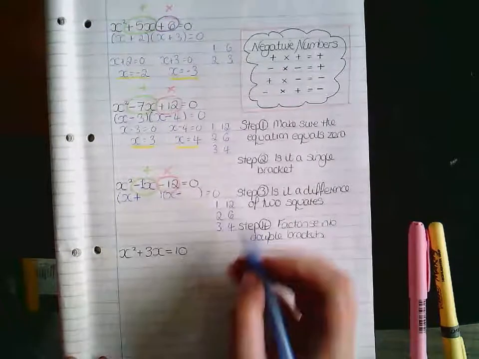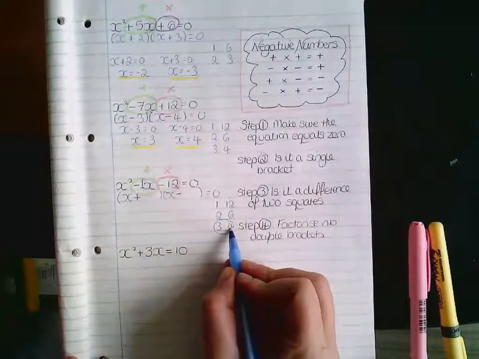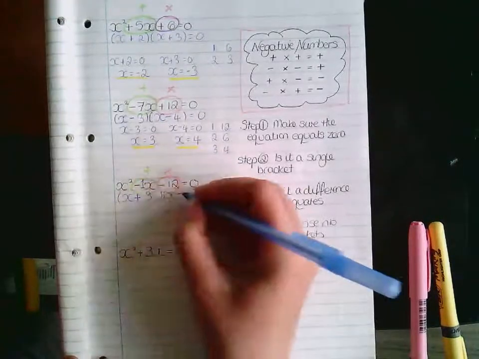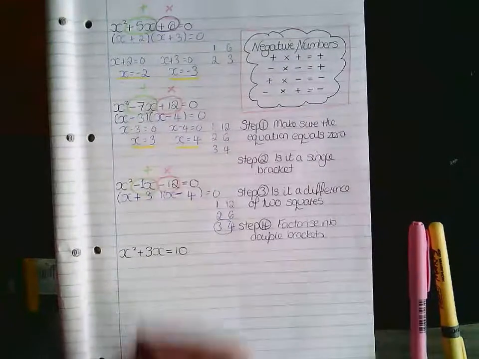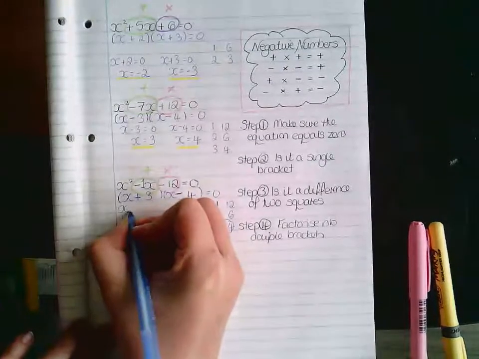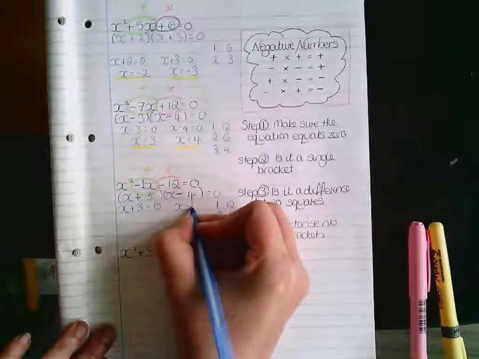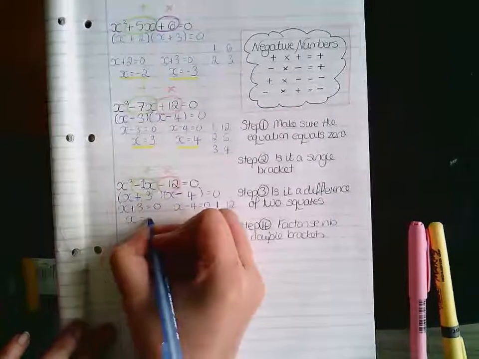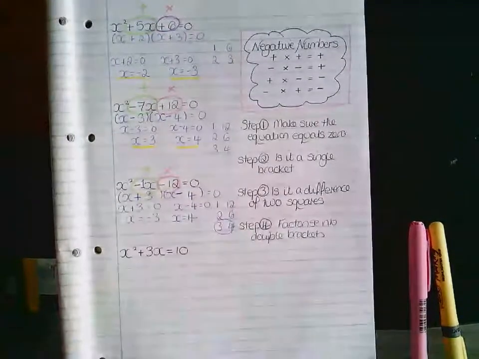It has to be this one here, because 3 take away 4 is -1. So positive 3 take away 4. Now I'm going to follow the same procedure above. Each bracket equal to 0. And then work out what the x has to be.